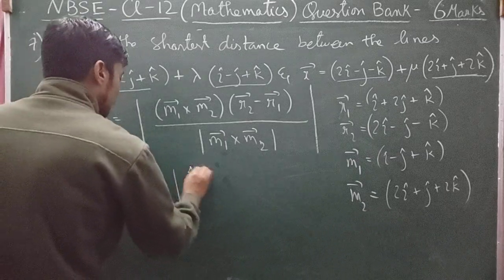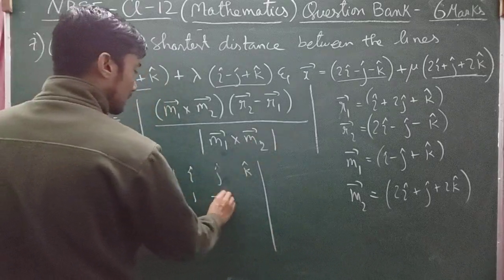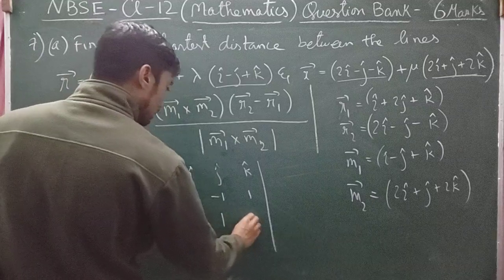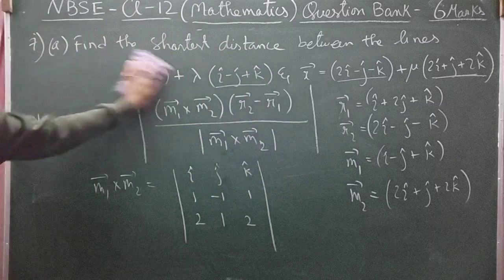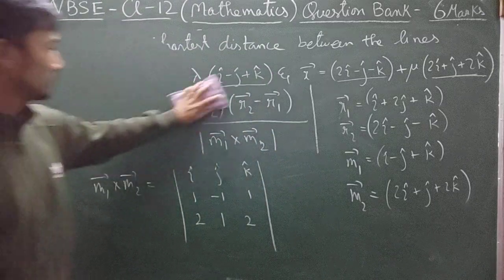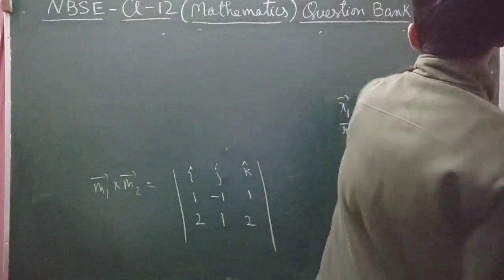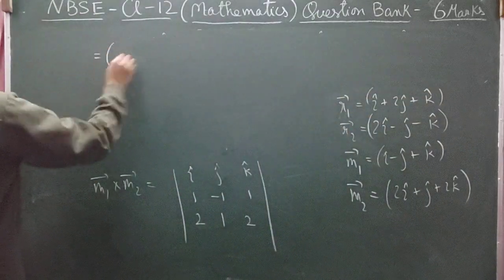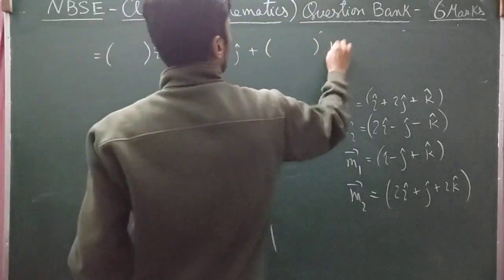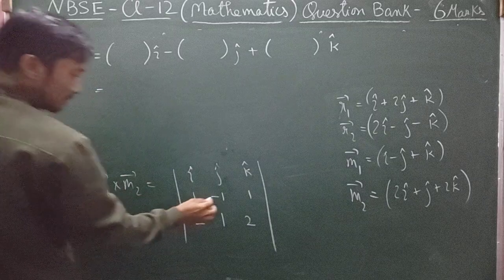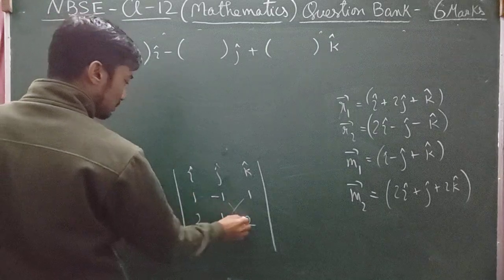So it's the cross product with i, j, k, then 1, minus 1, 1, and 2, 1, 2. Done, I'm rubbing this part. It's a cross product as I have done before. Let's go for the cross product. Minus 2, minus 1, right? Next is 2, minus 2.